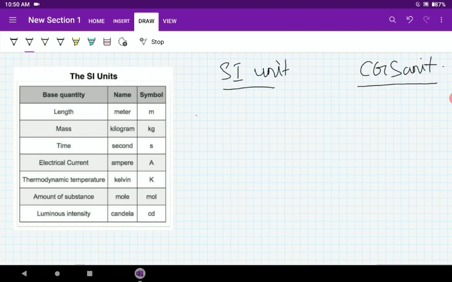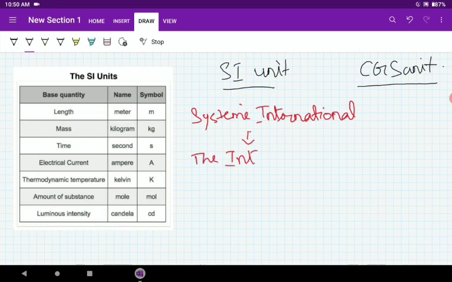SI stands for System International. It is a French word which actually means the international system of units.